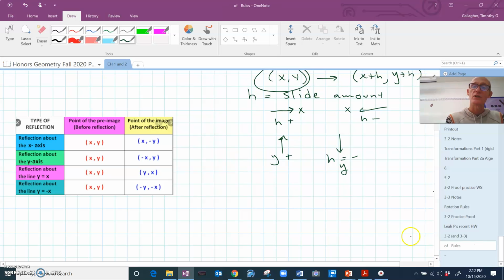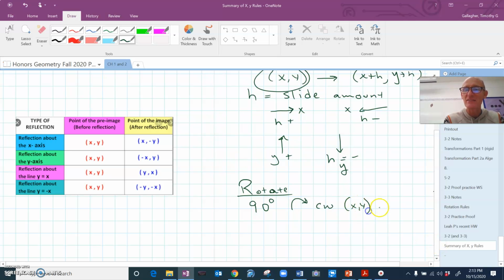So the rotate. Okay, and for rotate, it's 90 degrees clockwise. (x, y) goes to (y, negative x).